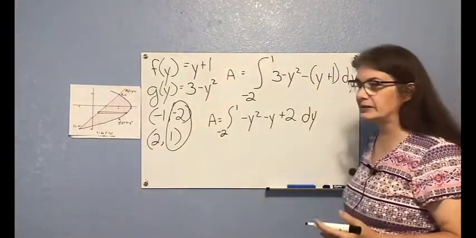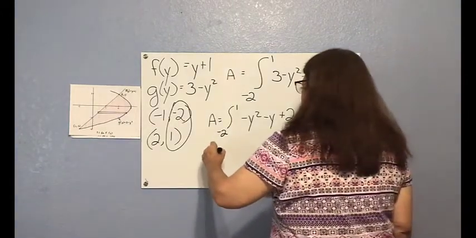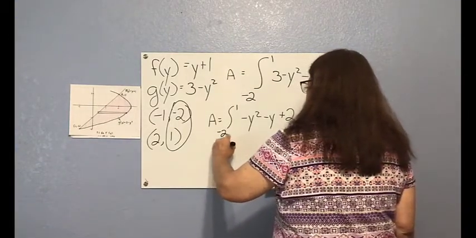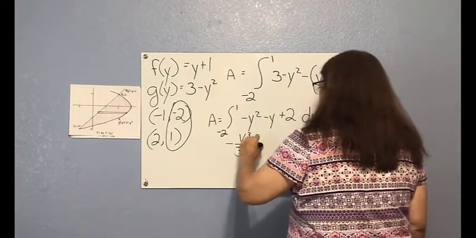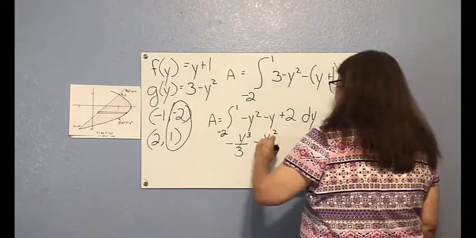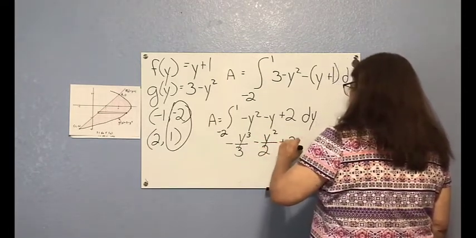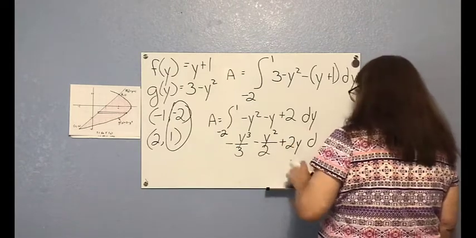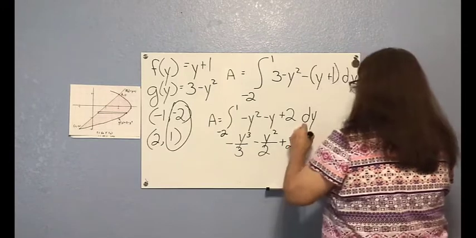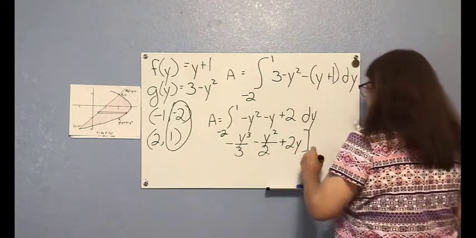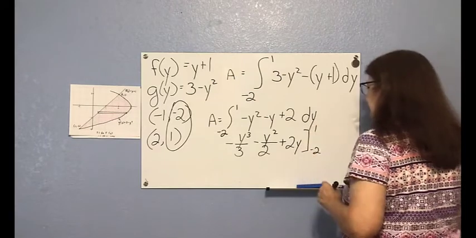Now I integrate just as if I was integrating with respect to x. So I'm going to have negative y cubed over 3 minus y squared over 2 plus 2y, not dy. And we're going to evaluate from -2 to +1.